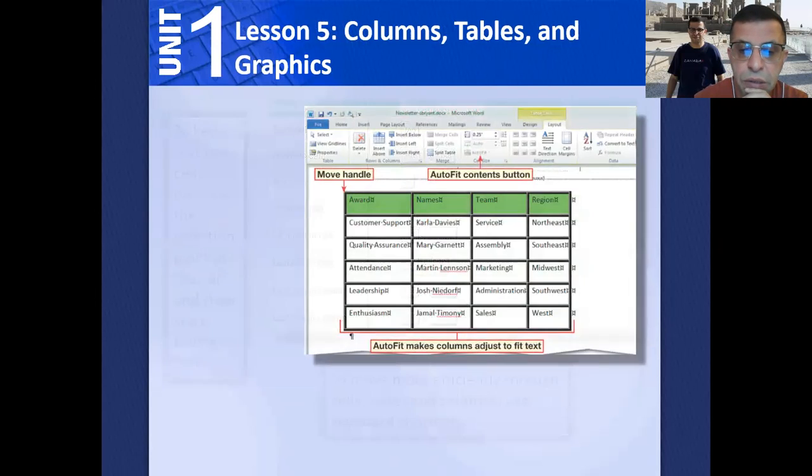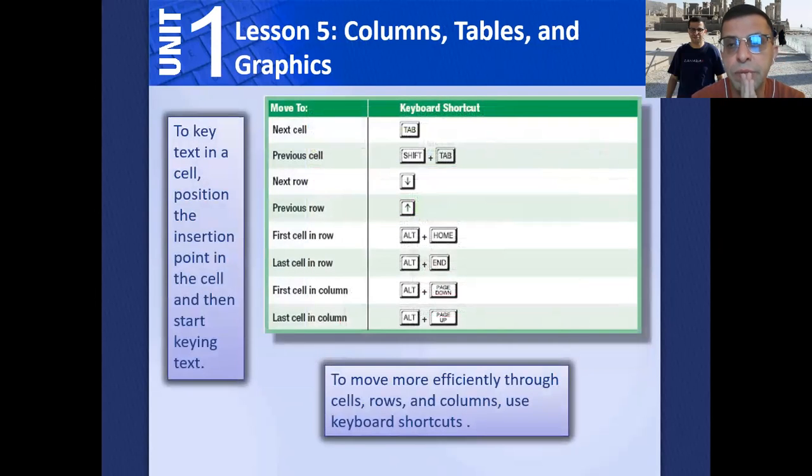And the reason you need to know these is that sometimes you have a big table, and it's very difficult to move from the top to the bottom, so it's easier for you to do that. That's in the Excel sheets. Maybe you're not using a very, very big sheet.